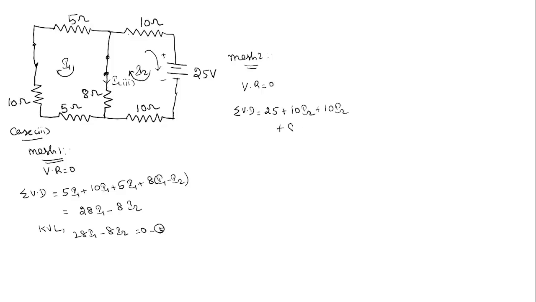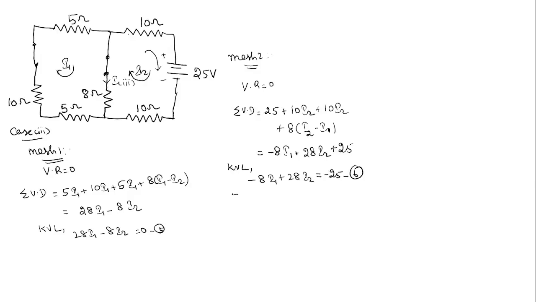For the 8 ohms resistor, while writing for mesh 2, we have to write it as I2 minus I1. On simplification, we'll get minus 8 I1 plus 28 I2 plus 25. So the KVL equation will be minus 8 I1 plus 28 I2 equal to minus 25. So this is equation number 6.